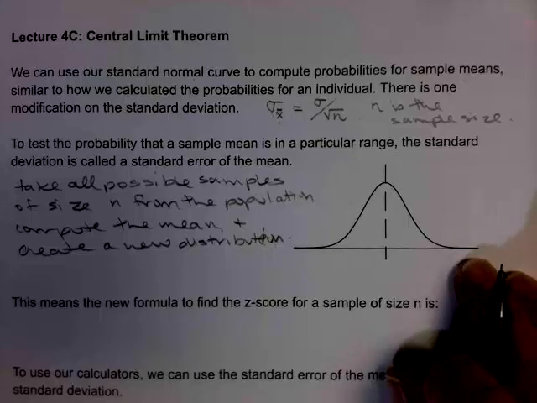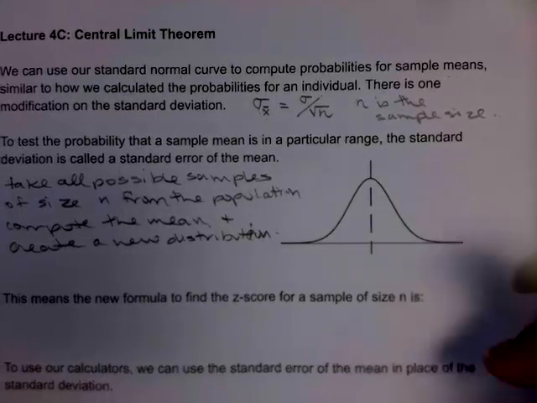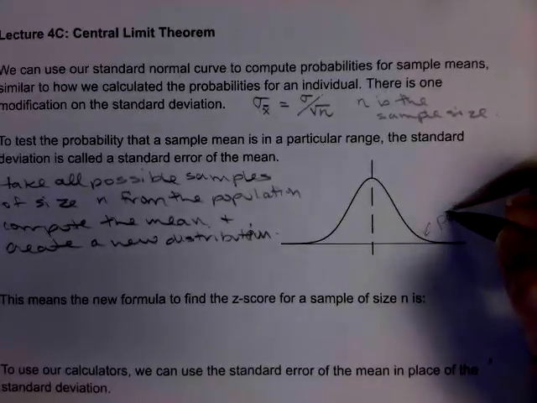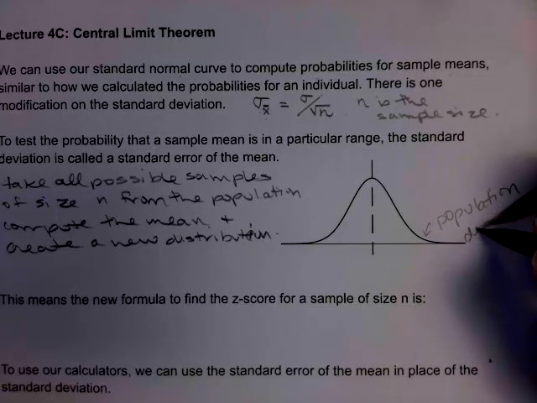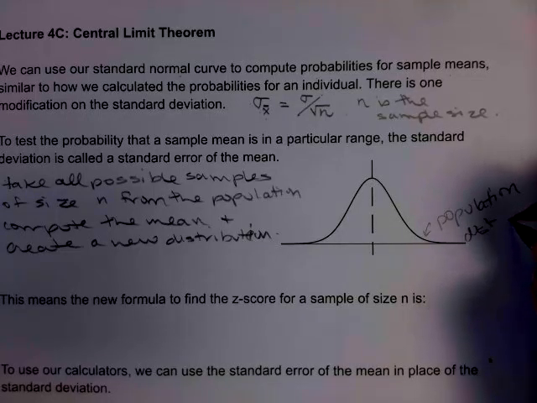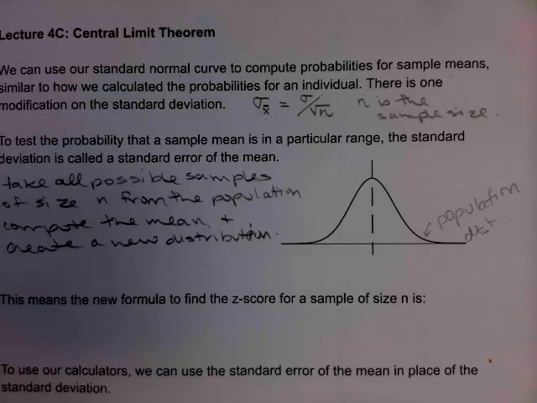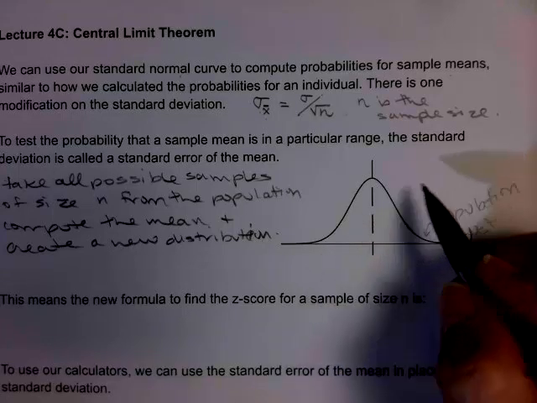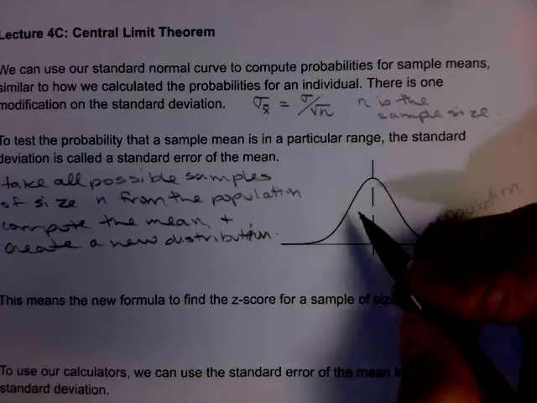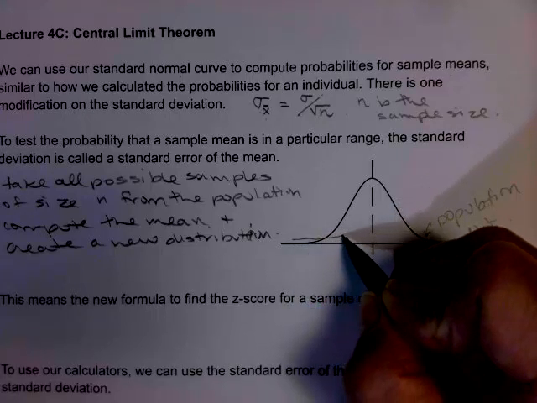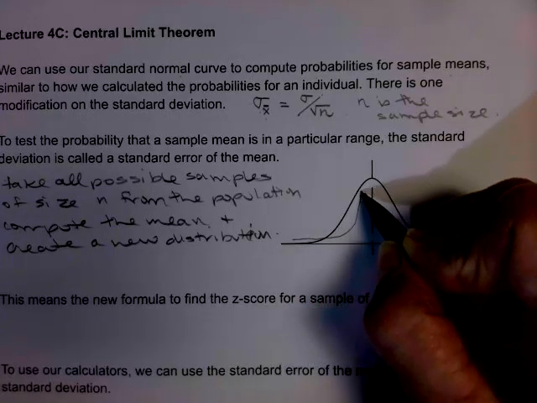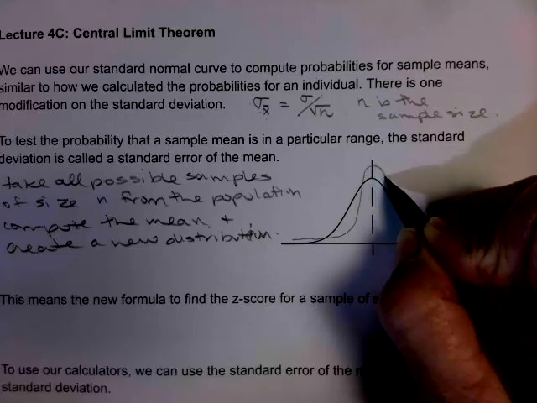So if this were the curve for the original, so if this is the population distribution, the distribution of the sample means would look very similar. It's going to have the same mean here in the middle, but it's going to be steeper and taller.